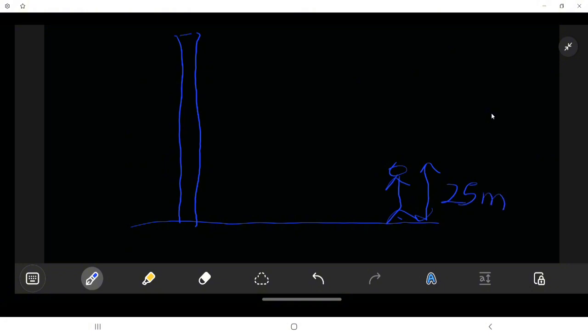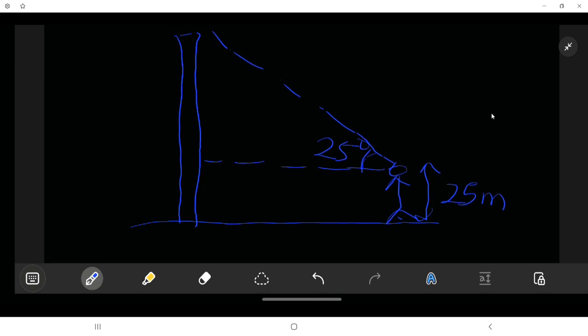This is his horizontal view, where he looks forward before he observes the height of the pole at the angle of 25 degrees.